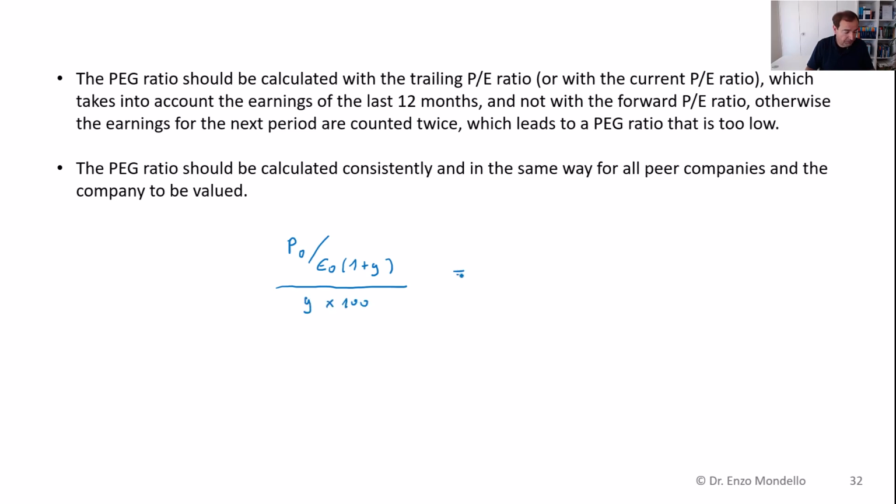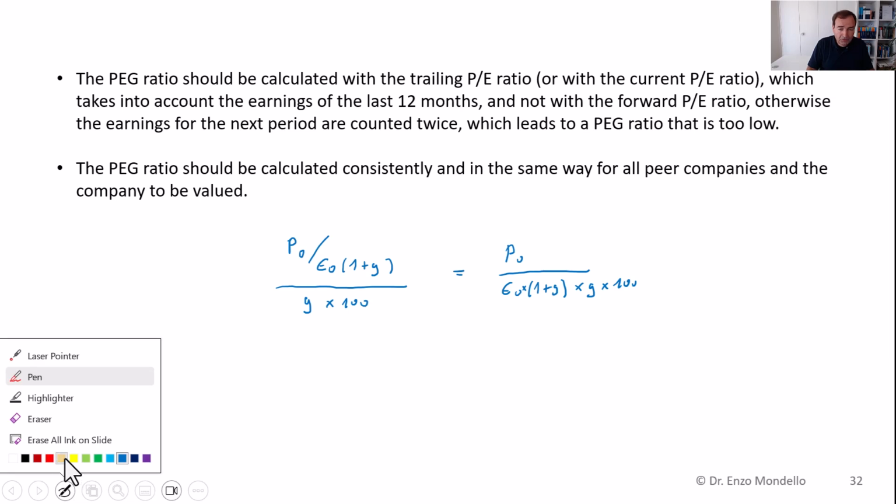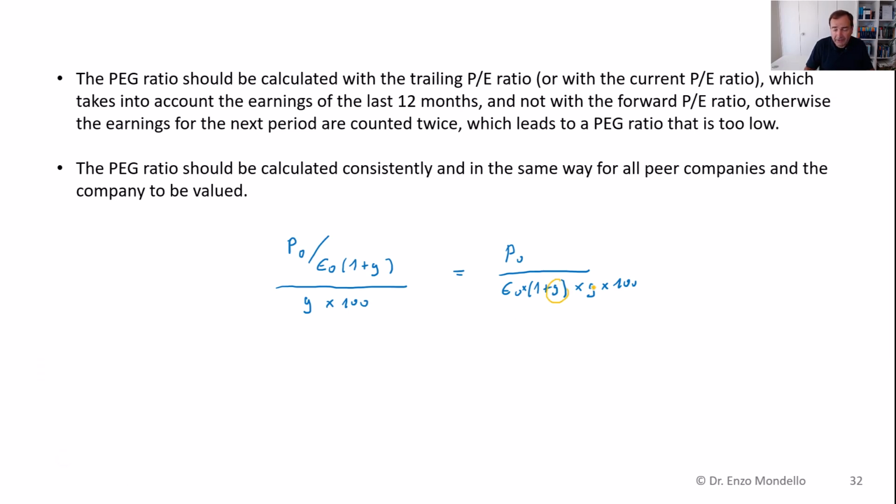So that means that the share price is divided by the earnings per share of the current period times 1 plus the growth rate, times the growth rate times 100. And we see here that the growth rate is included twice in the denominator, and therefore if we take the forward or leading PE ratio, then we will obtain a PEG ratio which is too low.